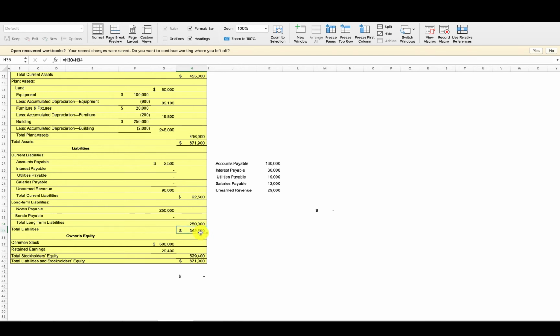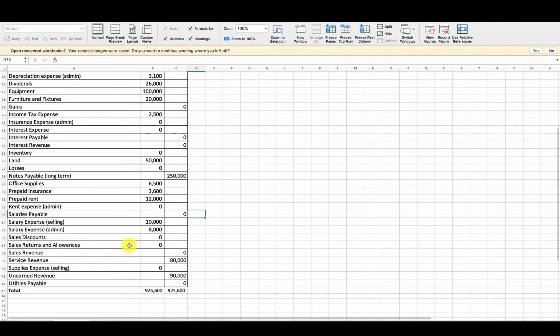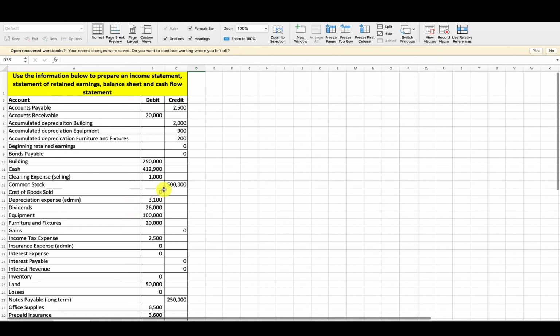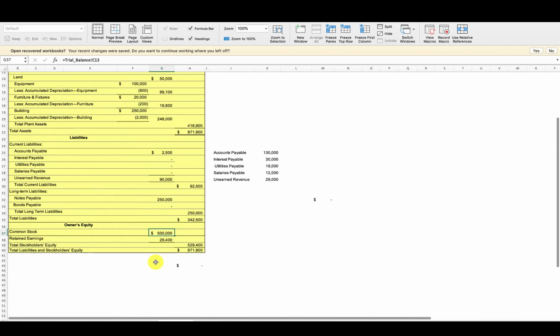All right. Now I go to the equity section. Common stock, I get that from the trial balance. I look for common stock, and here it is, 500,000 on the credit side. So make sure it's on the credit side. And then now retained earnings. I don't get retained earnings from the trial balance. Do not go to the trial balance and use beginning retained earnings.